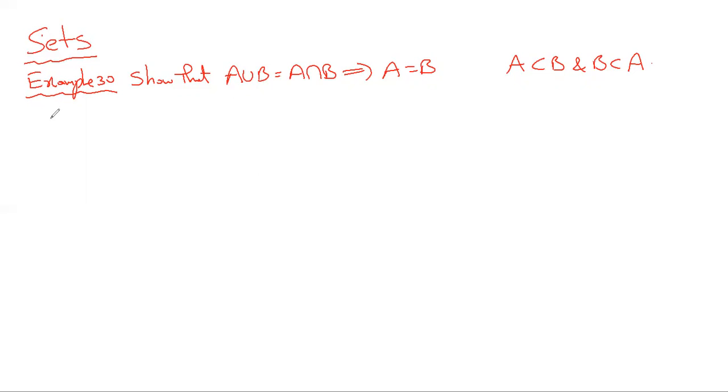So of course, you'll write the given information first. Given: A union B equal to A intersection B. Part 1, to prove A is a subset of B. According to the definition, to prove one set is a subset of another set, you start from an arbitrary element of that set and then prove that it is also there in the other.